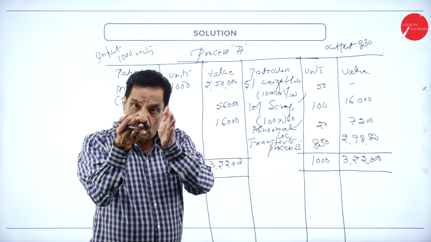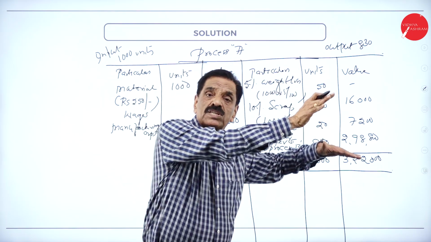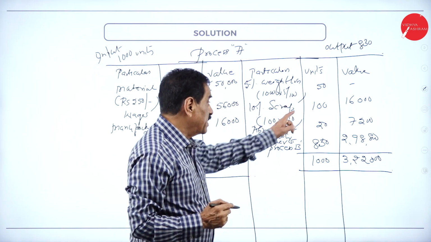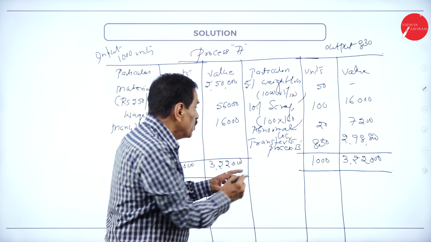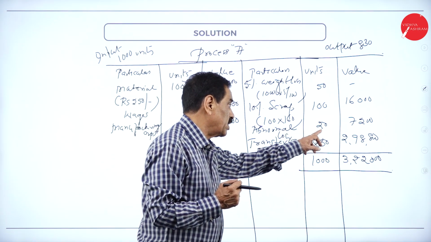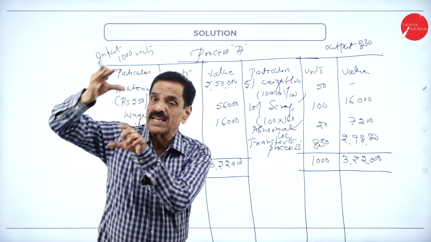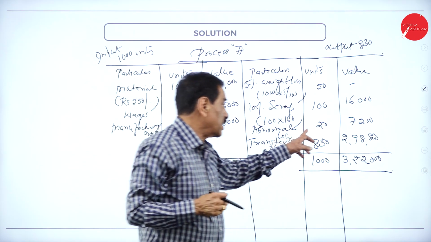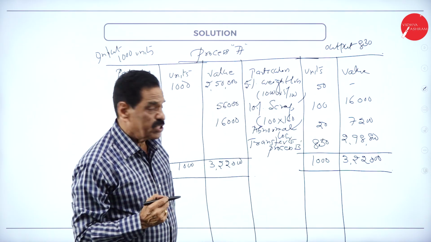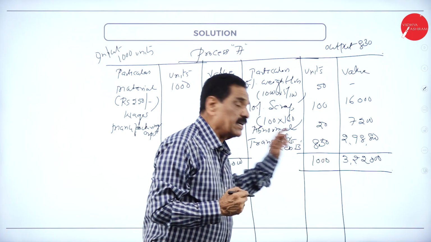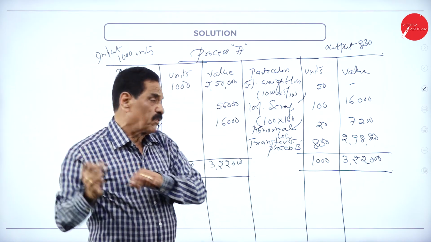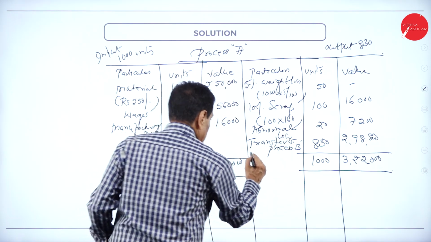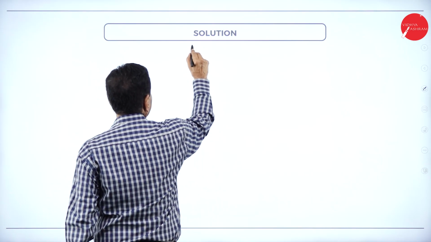The output of process A becomes the input for process B. So these are all the expenditure we are going to make. This is the weight loss. This is scrap which is going to be realized. Here your abnormal loss is 20. Your actual output is less than the normal output. Normal output is 850, actually it is 830. So there is a difference of 20, valued at 7,200. So 830 is the output, which becomes the input for the next process: 2,98,800 transferred to process B.